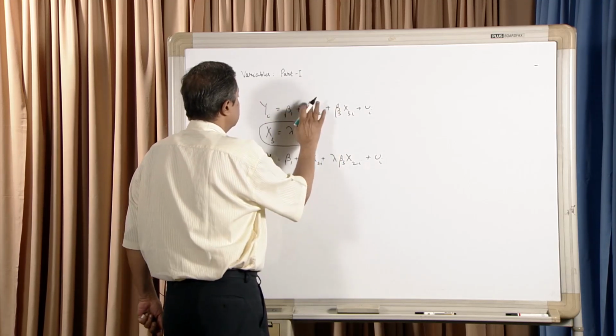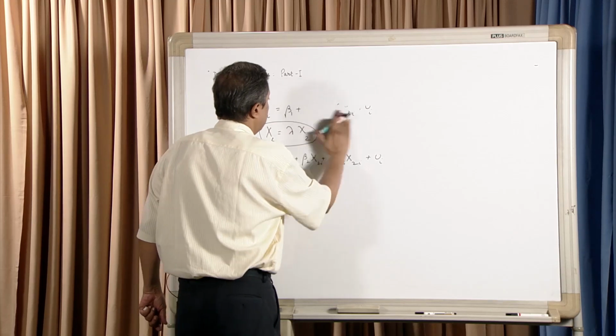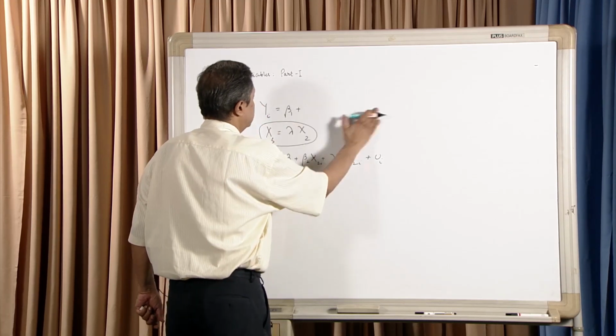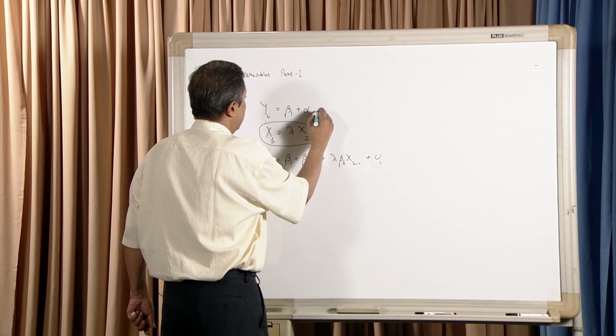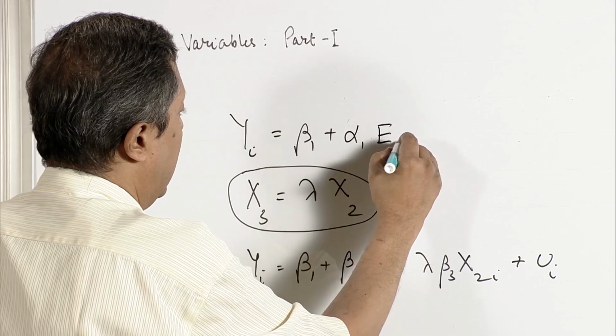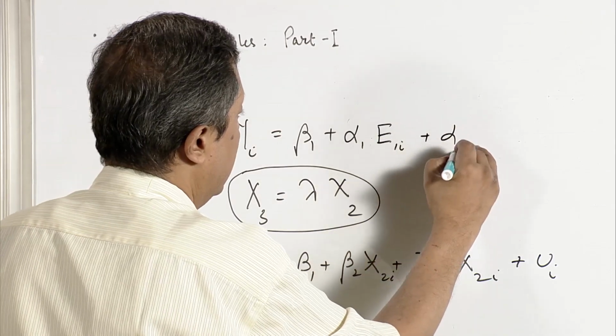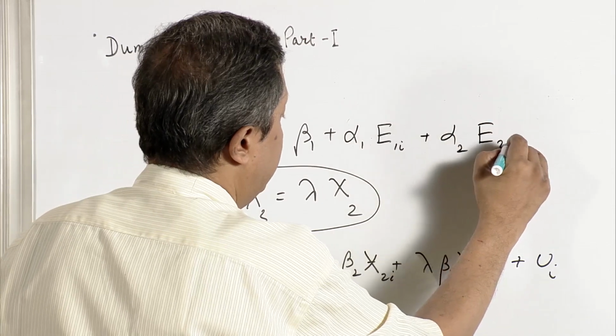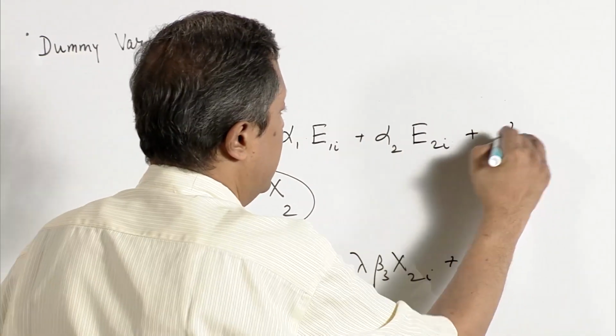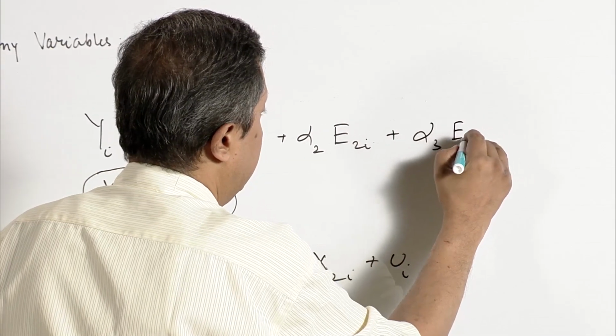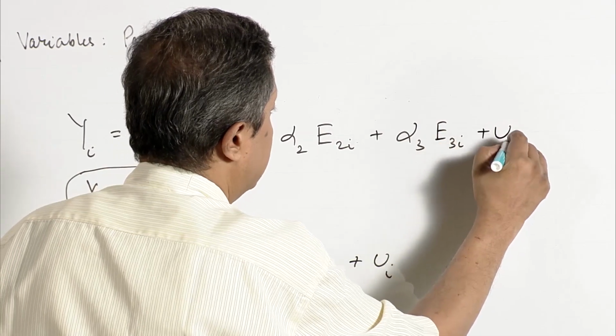beta 1 plus maybe alpha 1 E1I plus alpha 2 E2I plus alpha 3 E3I plus UI.